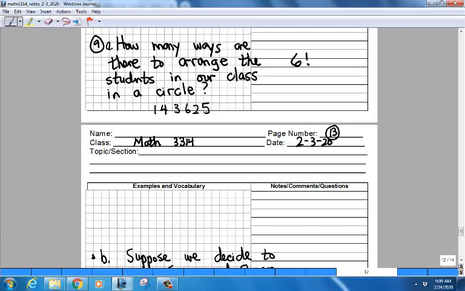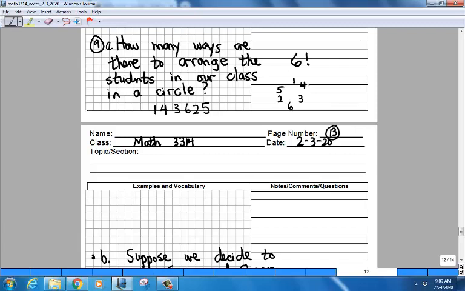So you might think that permutation clearly corresponds to a circle, because I could put 1, and then if we're thinking of going clockwise, this is 4, and then 3, and then 6, and then 2, and then 5. So there's my nice circle for the students.